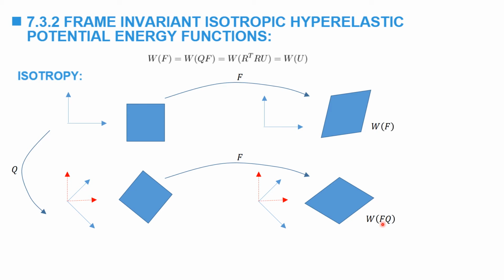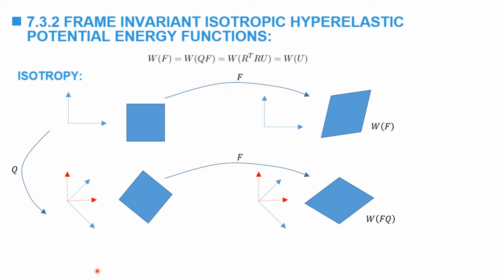The reason F and Q are in this order is because I apply Q first on the vectors and then I apply F. You can think of this as rotating the object by Q and then deforming the object by F.